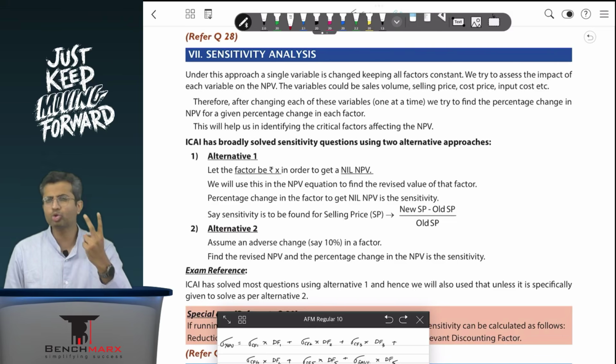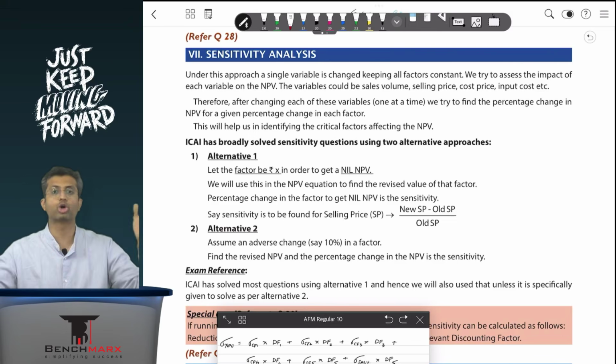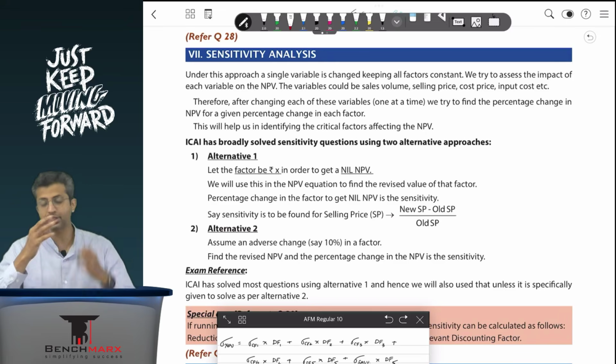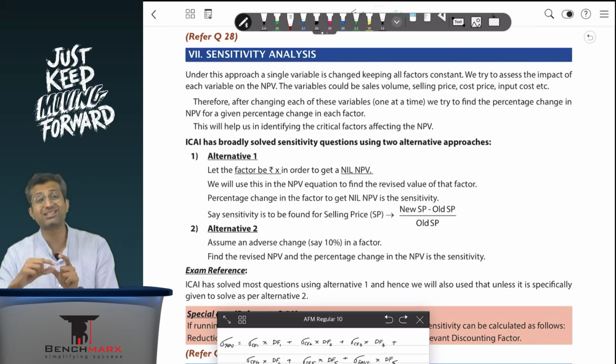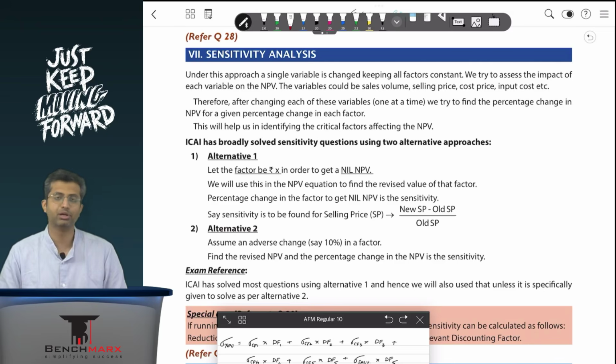Now, there are two alternatives that you will see across the Institute material which they have solved. In one of the alternatives, which is consistent across all questions, they say what should be the percentage change, for example, in a particular factor, let's say selling price, such that the NPV becomes 0. Again, what will be the percentage change in one of the factors such that the NPV becomes 0?